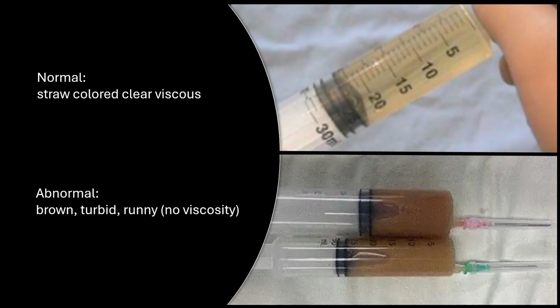All right, next we're going to go over our synovial fluid findings. As we can see, the appearance is brown, turbid, and runny. This just means that the infection is breaking down the hyaluronic acid and making the fluid thin and cloudy. Our nucleated cells tested at 700,000, and the normal limit is below 200.